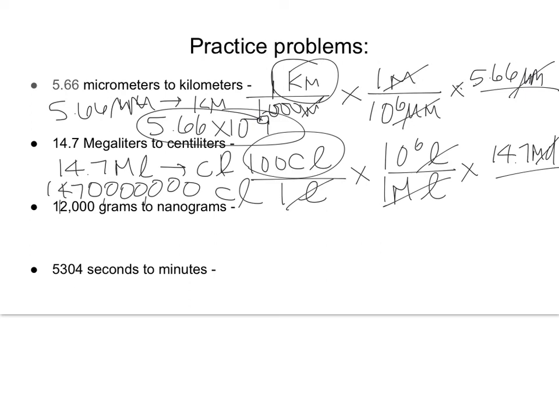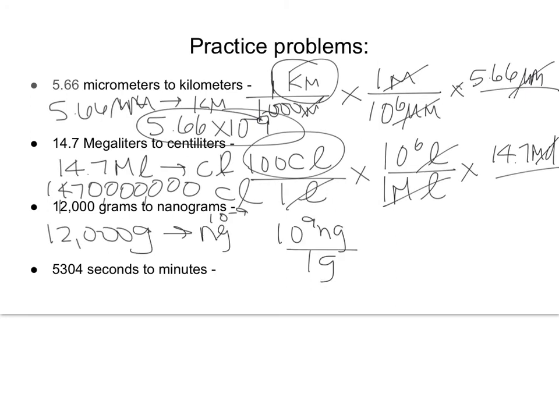Okay, next one. Again, try to solve it. Pause it now. Try to solve it. Okay, this time we're going to go from 12,000 grams. Okay, 10 to the 9th nanograms for every 1 gram. And then I'm just going to multiply that by 12,000 grams. So again, this is going to be an unbelievable number. 10 to the 9th times 12,000.